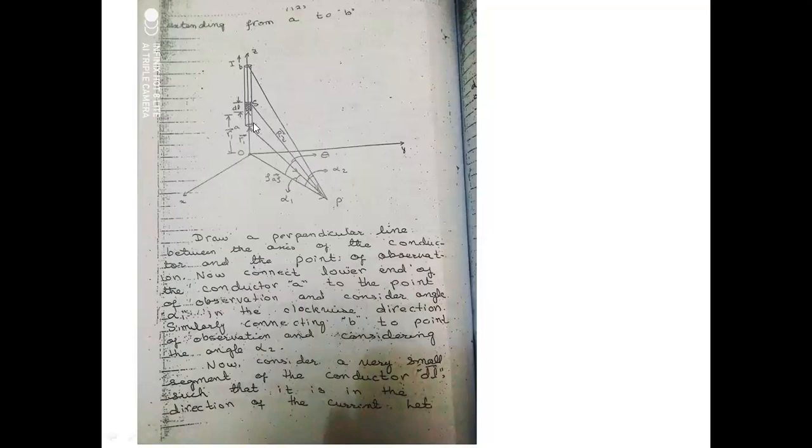Let's suppose there is a finite conductor having a length from A to B, placed at a distance of r1 from the origin. And this P is the point of observation.